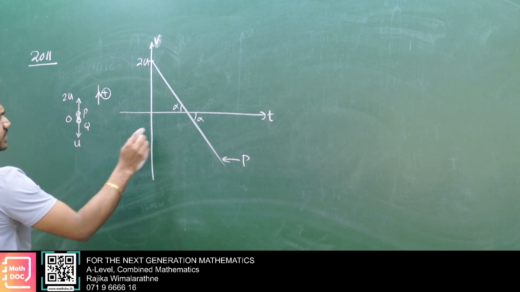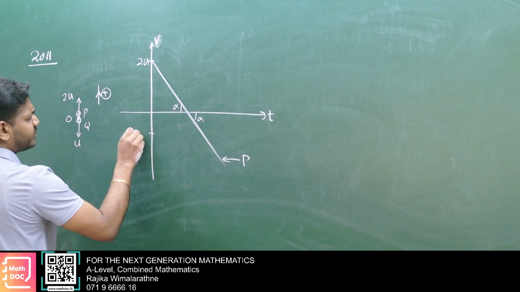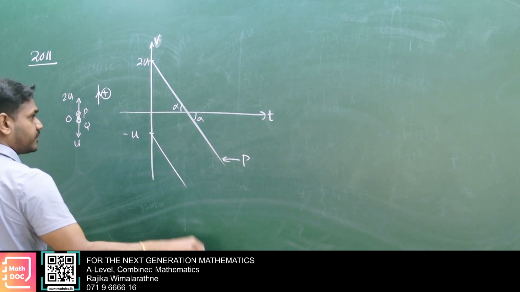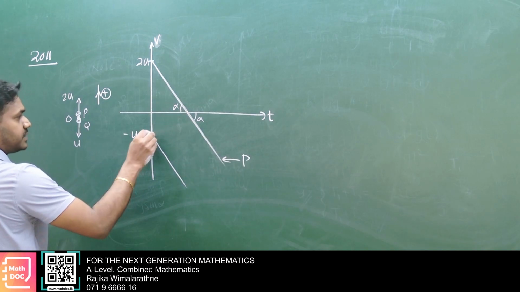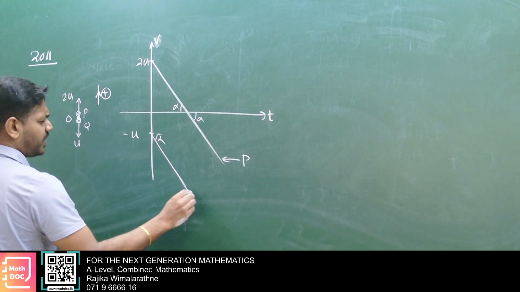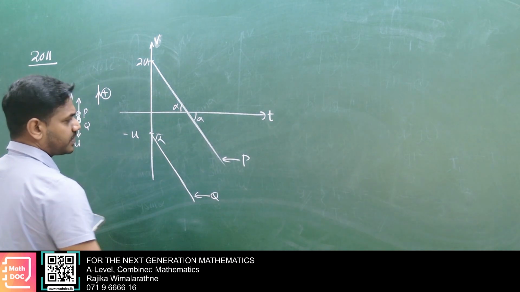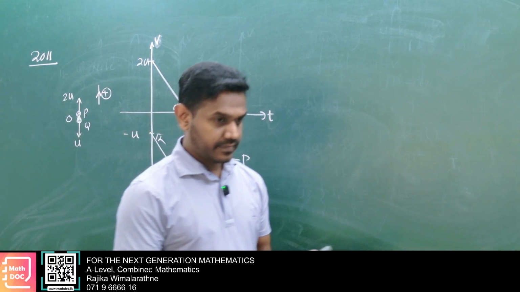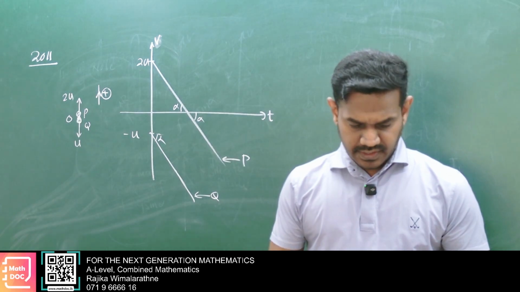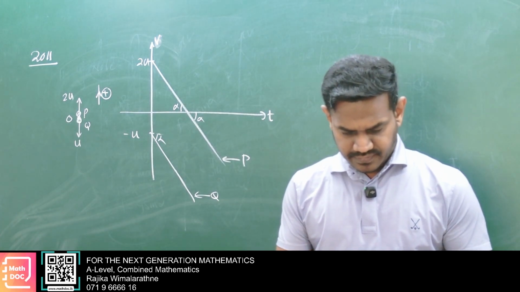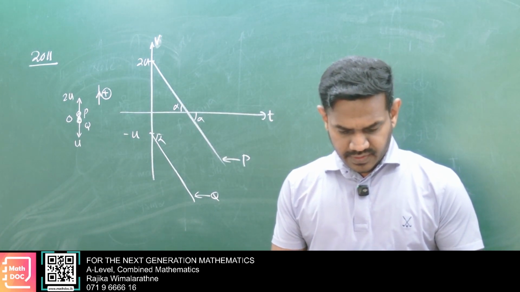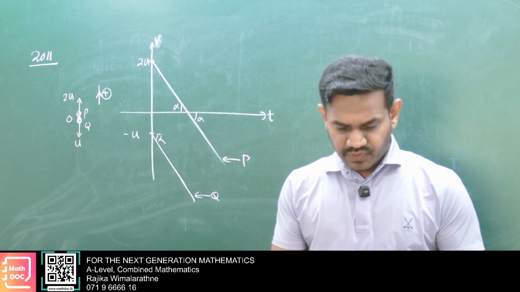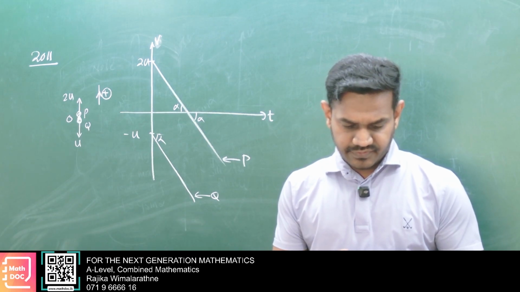The other one is downward u, so minus u, with the same inclination alpha, for particle Q. P and Q motion, no? Motion under gravity. Both particles move under gravity. Draw the VT graph of the motion.